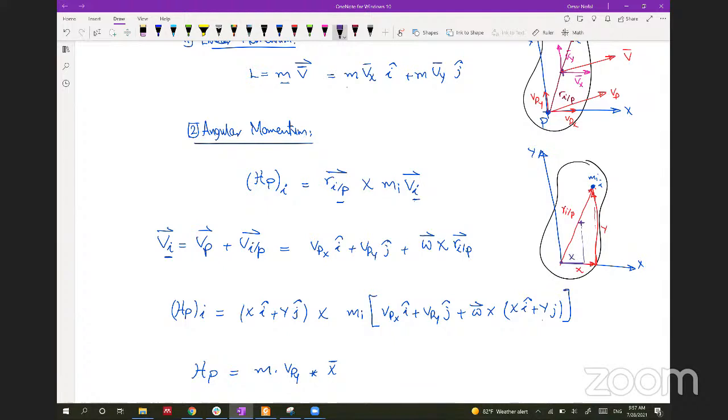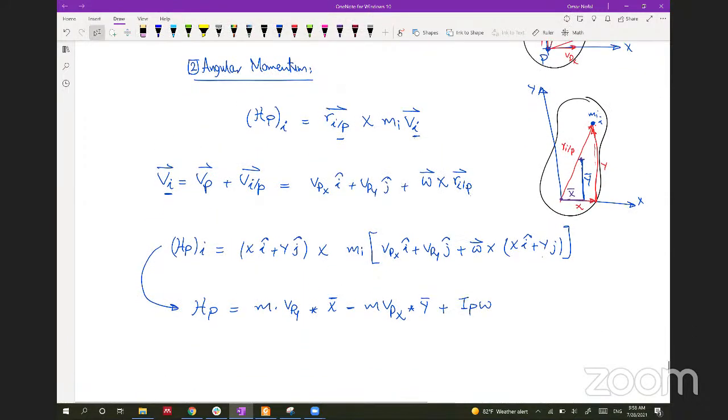So this is x bar, minus M v_Bx multiplied by y bar. The y bar is this distance, the distance from the CG to point B, plus the mass moment of inertia about P multiplied by omega.